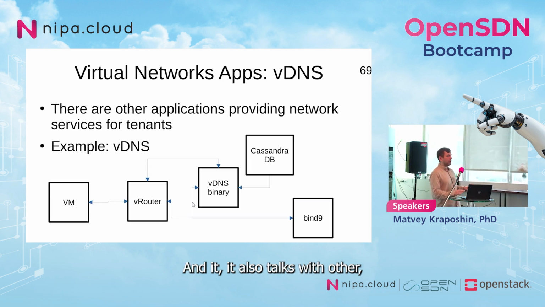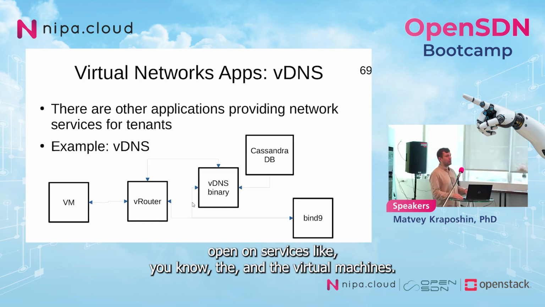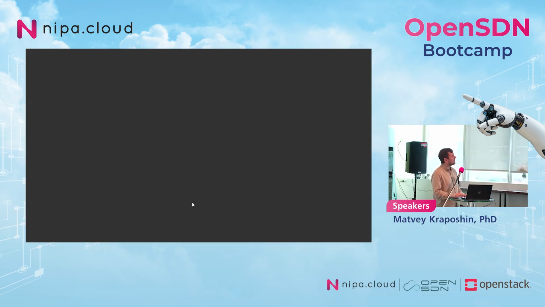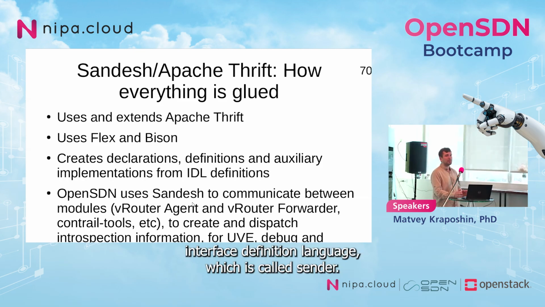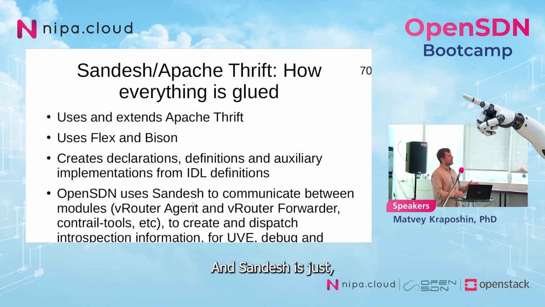It also talks with other OpenSDN services like vRouter and virtual machines. And all these elements are glued together using a single interface definition language called Sandesh. Sandesh is just an extension of Apache Thrift.